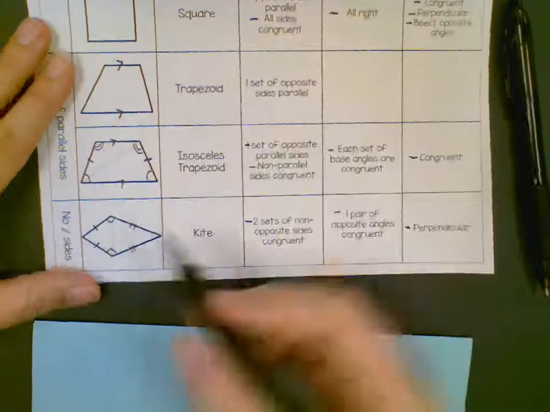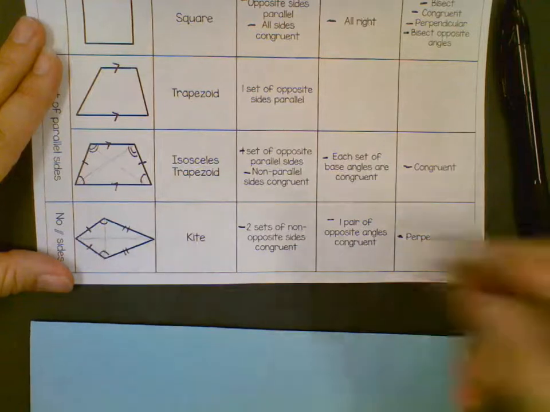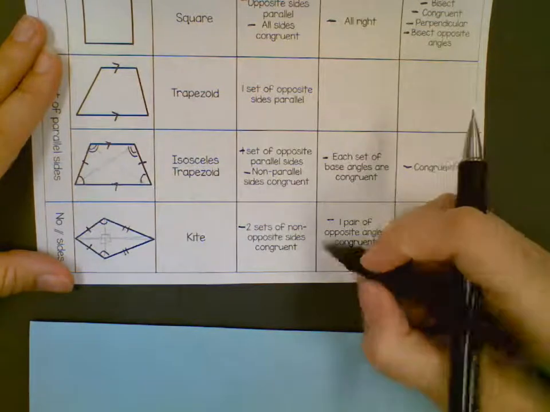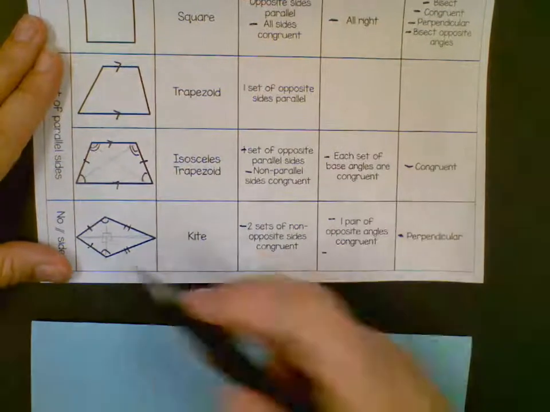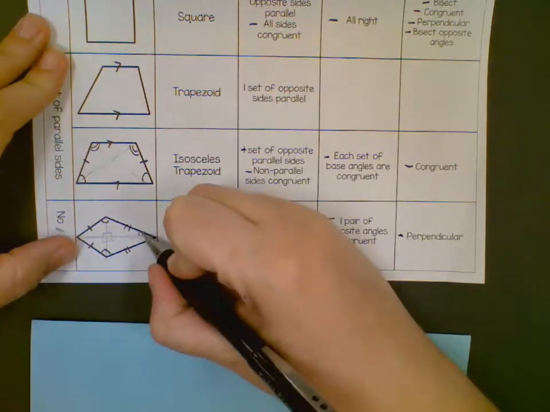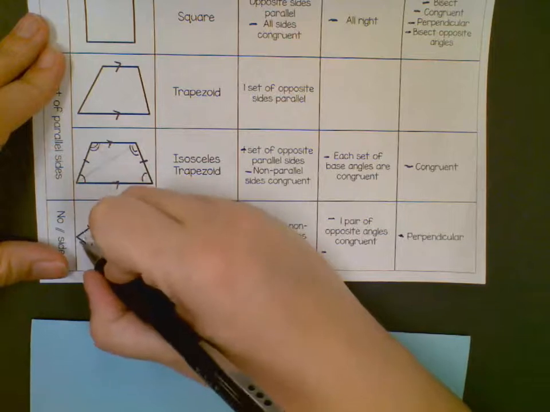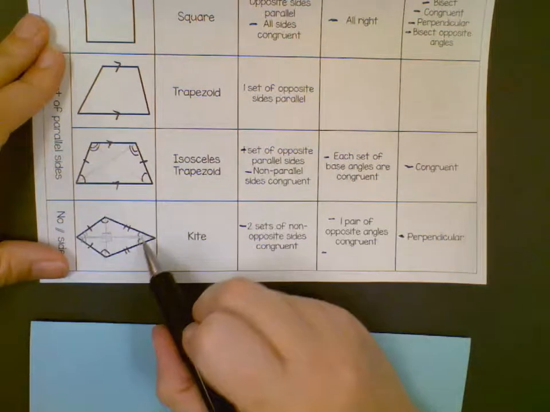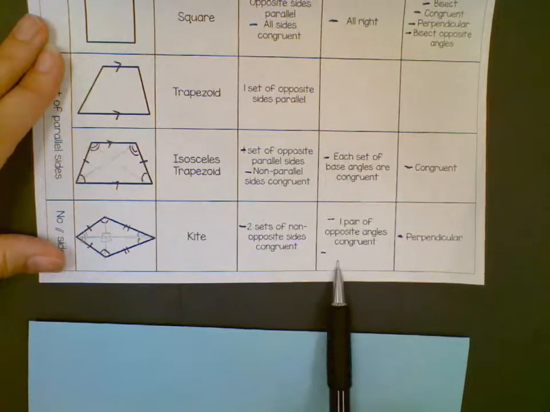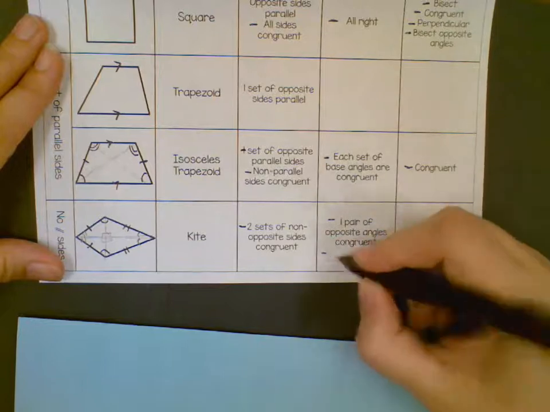So when we draw on those diagonals, they make right angles. I actually have one more property about the angles, and that's that the diagonal bisects the non-congruent angles. It bisects each here, but they're not congruent across.